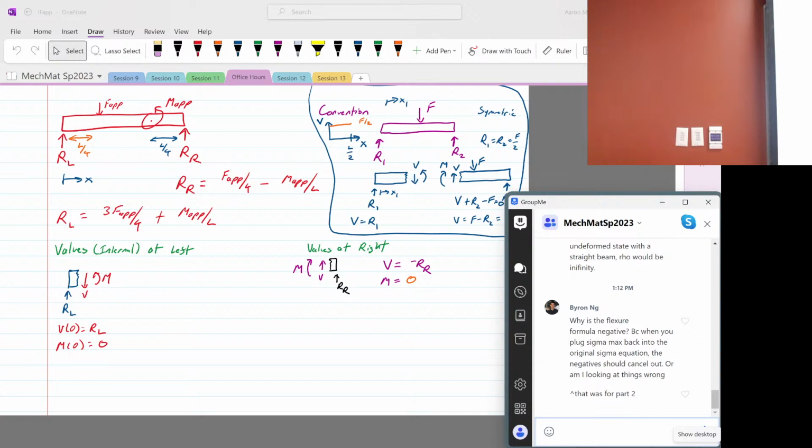What happened when we got to L over 4? There was actually a drop, right, as it goes down, delta P. And it turns out the shear force actually doesn't go negative. It still stays positive.